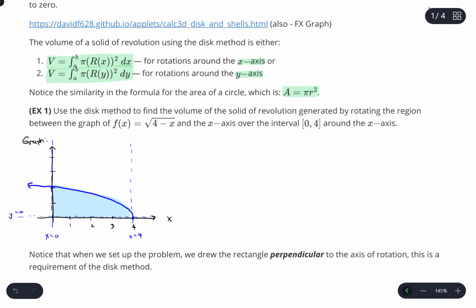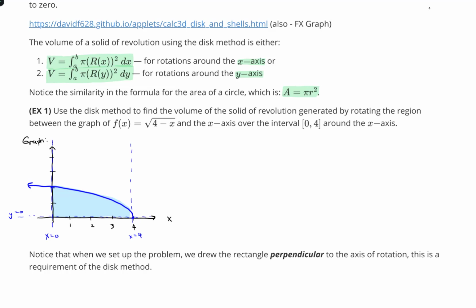Okay, now to do this, what's a good idea here is to just draw a single rectangle and orient the rectangle either vertically or horizontally.